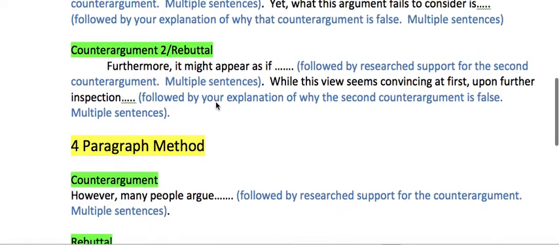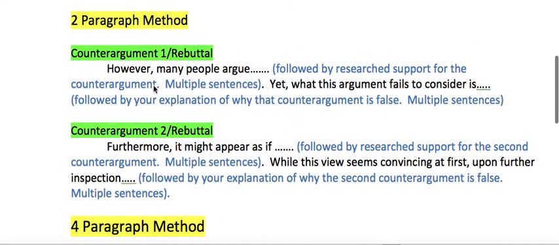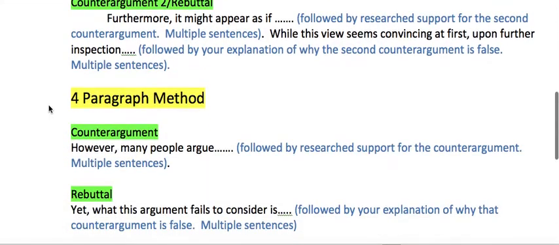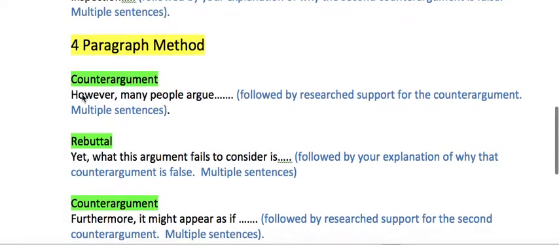In other words, in the 2-paragraph method, if you only have maybe 2 or 3 sentences for your counterargument and 2 or 3 sentences for your rebuttal, you're going to do the 2-paragraph method, because that's going to give you a paragraph of 6, 7, 8 sentences. But if you're getting 6, 7, or 8 sentences for the counterargument alone or the rebuttal alone, then these need to be separated out.